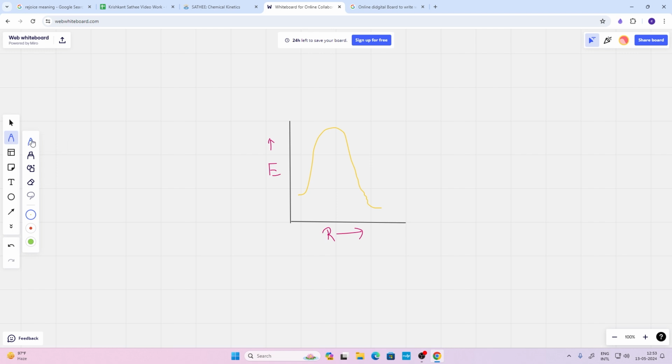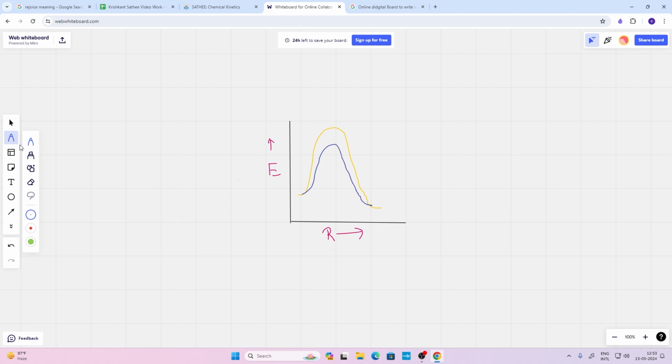Now we will put a catalyst. As we add a catalyst to the reaction, the rate of the reaction increases. How does it increase? By decreasing the activation energy.